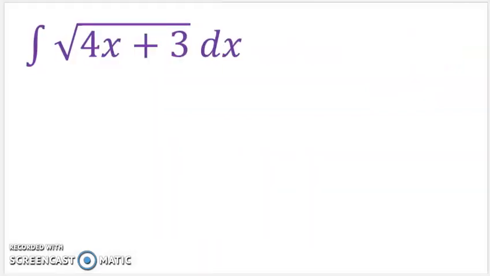For our next example, we have the square root of 4x plus 3 dx. We're going to get the integral of the square root of 4x plus 3 dx. So we have no other option but to take 4x plus 3 as our u.